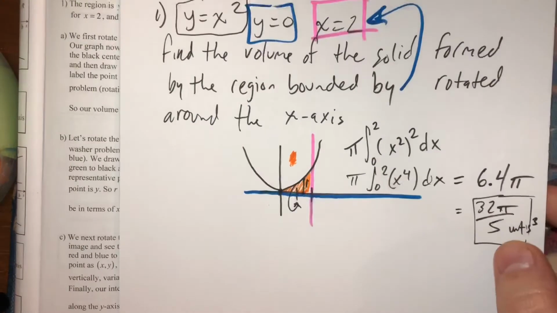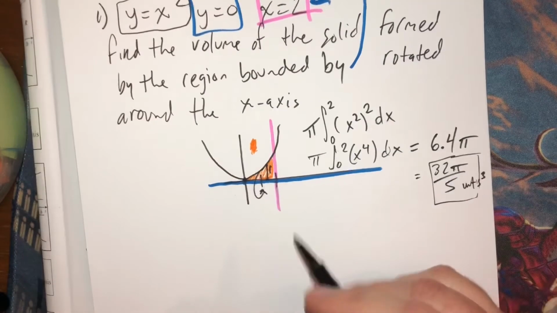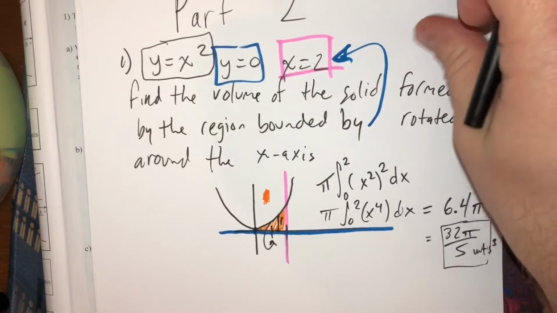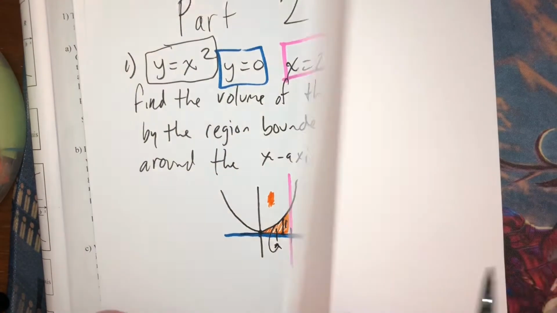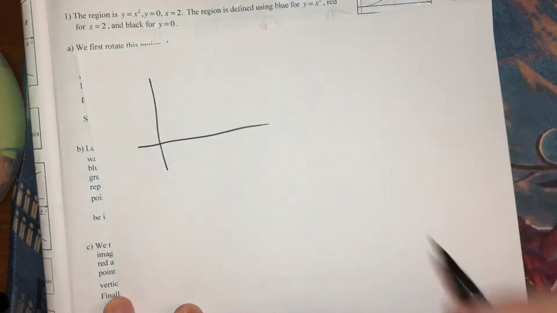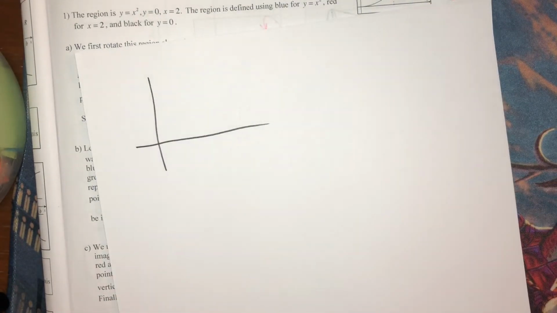But what would happen instead if we take the same shape, the same picture, and instead of rotating it around the x-axis, we're going to rotate it around a vertical line.